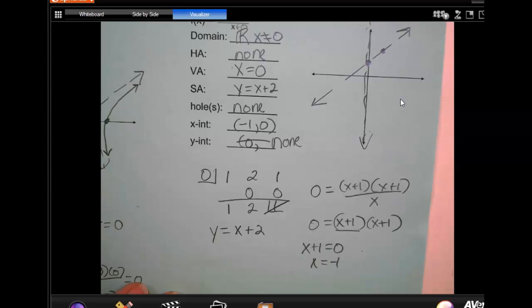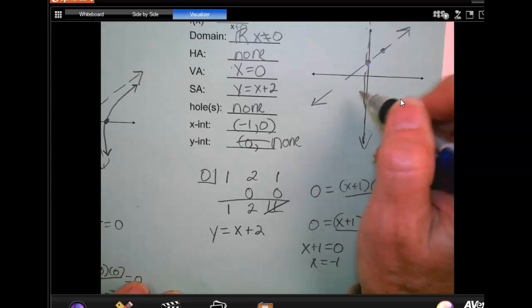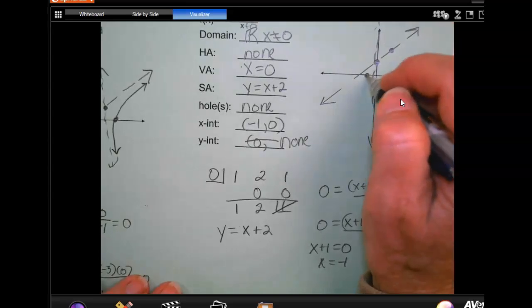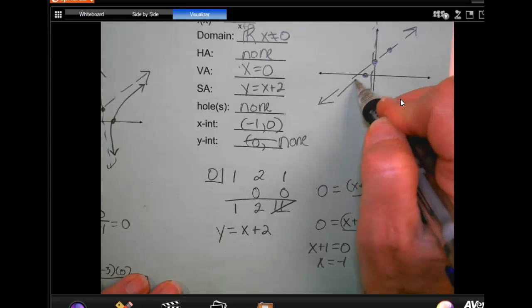So let's see here, negative 1, 0. It's going to be here. So that tells me this one is going to go like this.